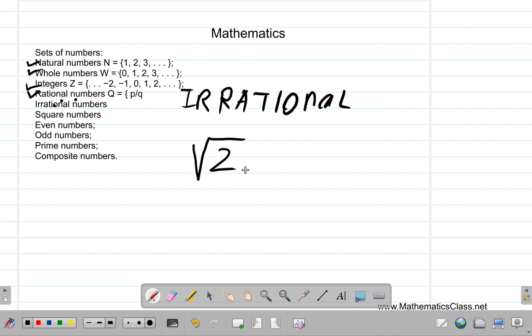What is this irrational number? An irrational number is a number that you cannot write exactly as a whole number or decimal, or a number divided by another. No calculator, no computer can show the exact number in decimal form.